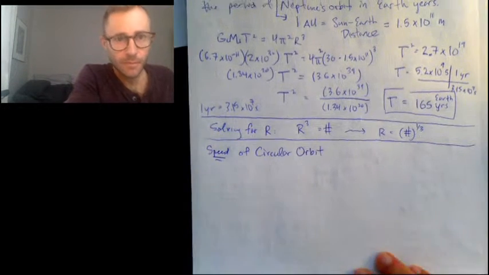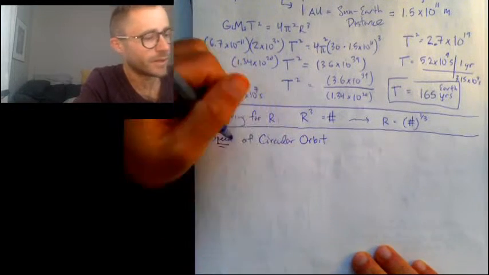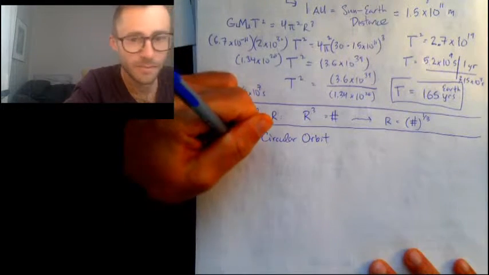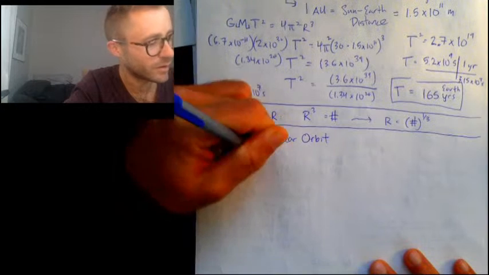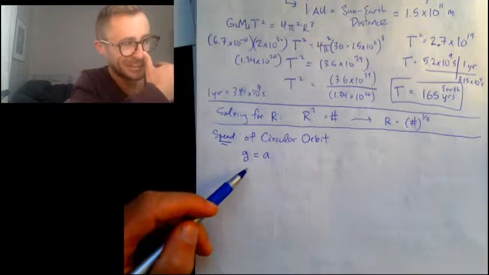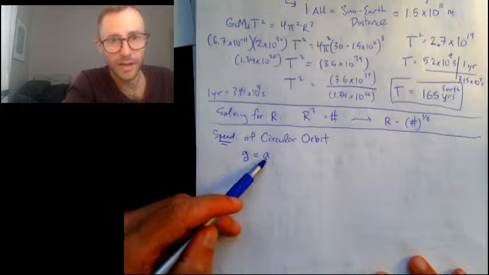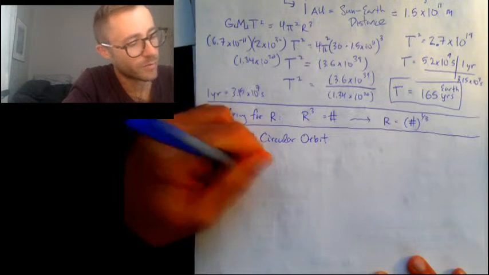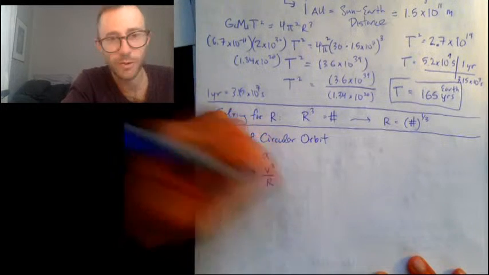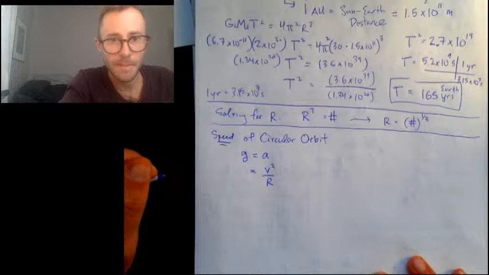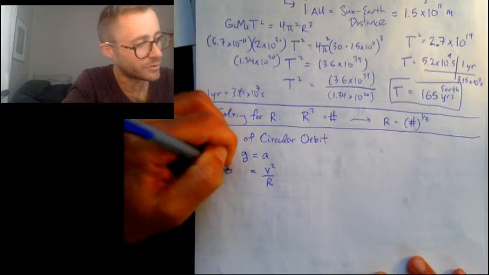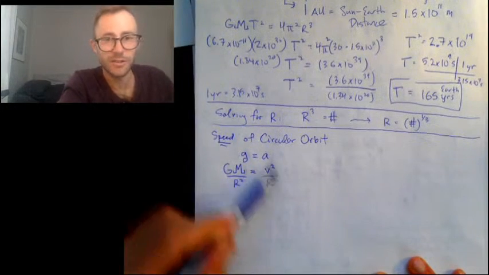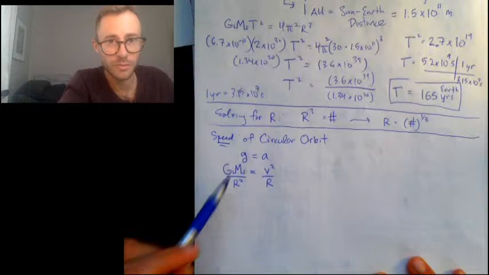If you go through my calculation again, we canceled out the mass of the satellite from both sides, and we had gravitational field equals acceleration. And then I used the equation 4 pi squared r over period squared for centripetal acceleration. But what if I use the v squared over r equation? Okay. And then the gravitational field is still G times big M over r squared. So now I can take this equation and I can solve for speed.